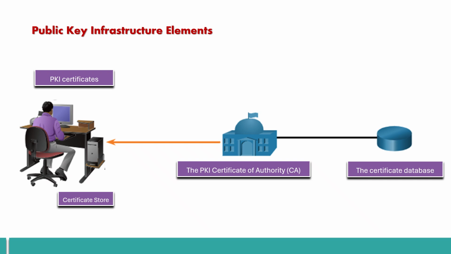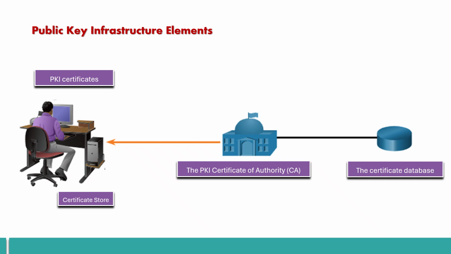PKI elements include Certificate of Authority, CA, which is the party that issues certificate. It will store those certificates on its database called certificate database, and a copy of it is going to be sent to the individual or organization that requests the certificate.